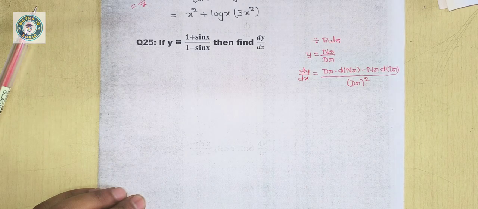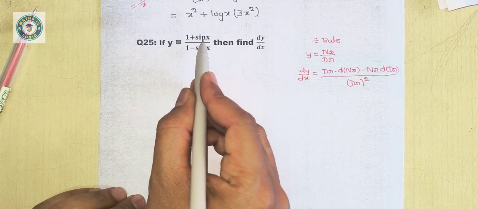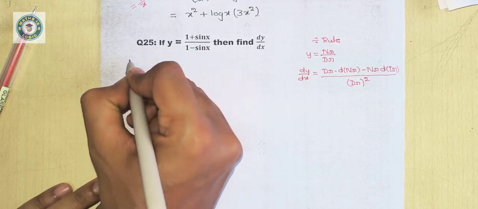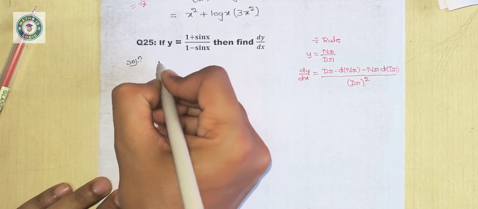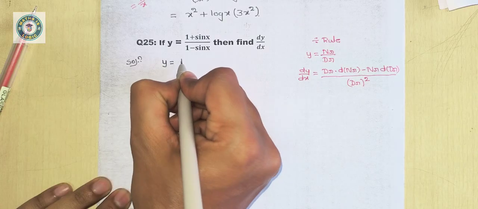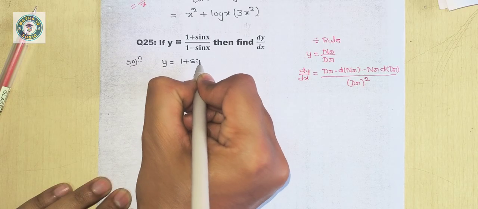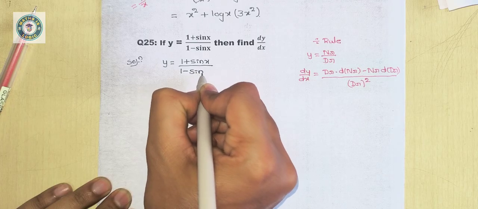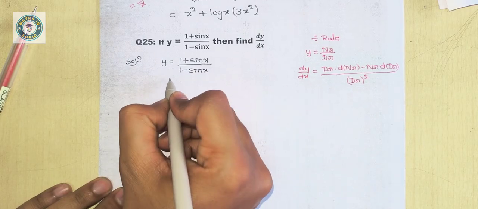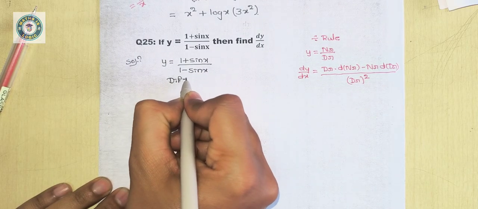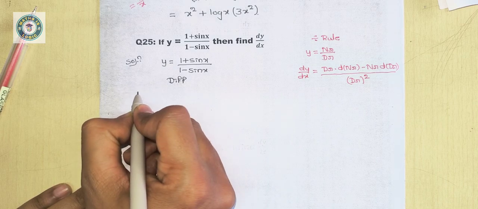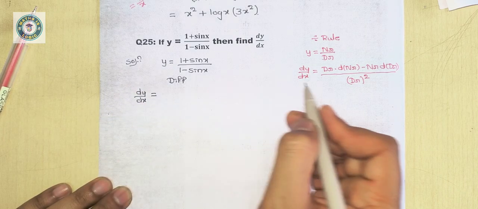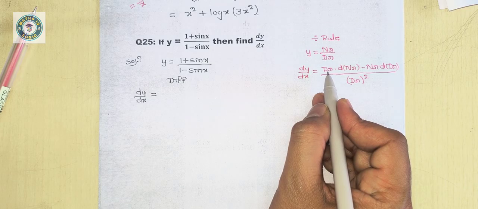So here we apply: you can see 1 plus sin x is the numerator, 1 minus sin x is the denominator. Therefore in the solution, y is equal to 1 plus sin x divided by 1 minus sin x. Apply this rule, differentiate with respect to x. So dy divided by dx is equal to, first the denominator, keep it as it is.